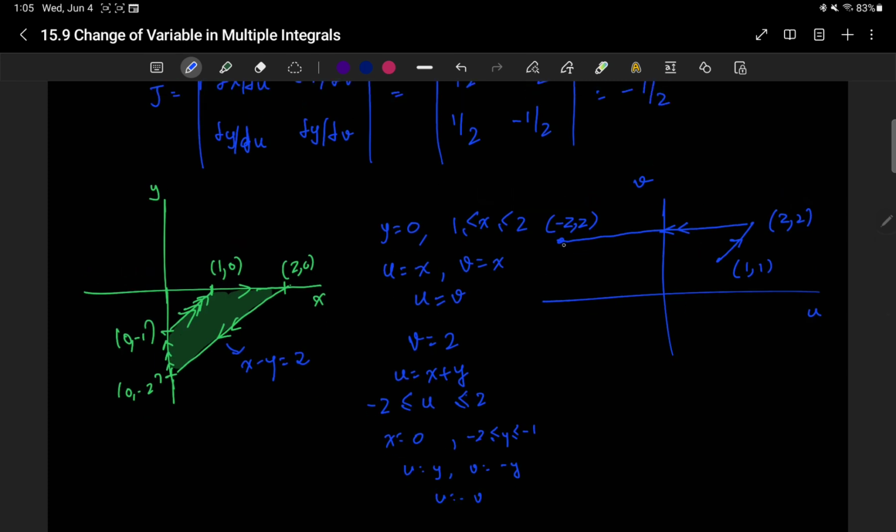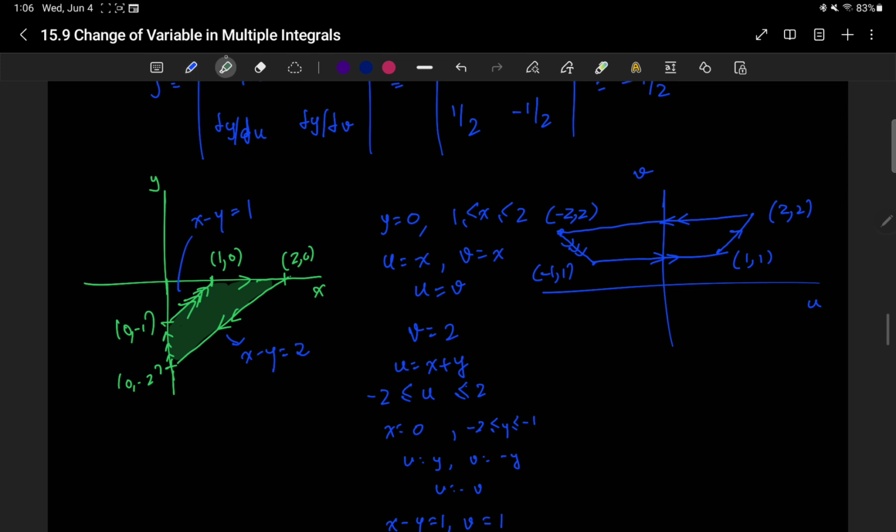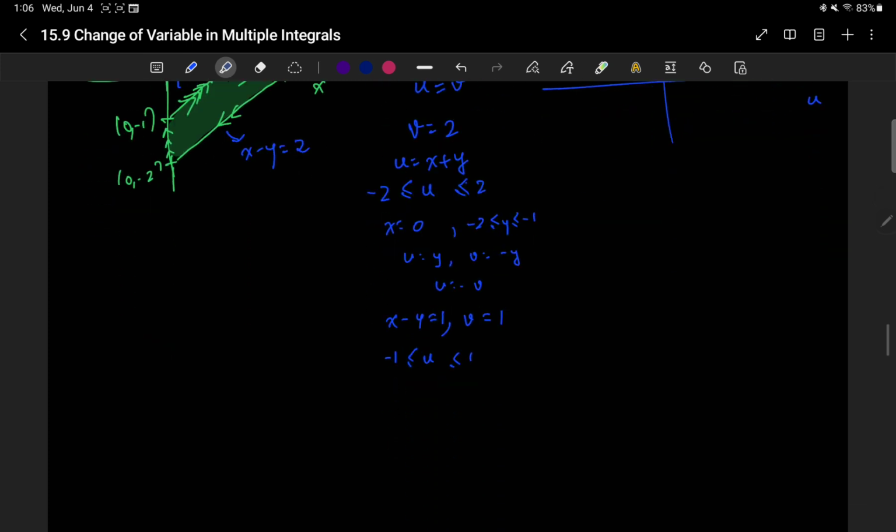In this case, it simply goes down to the point (-1, 1). And this line is x minus y equals 1, so x minus y equals 1 means v equals 1, and u goes from -1 to 1. So this trapezoid gets mapped to another trapezoid, but the new trapezoid is slightly different. It's not slanted and it appears up there.